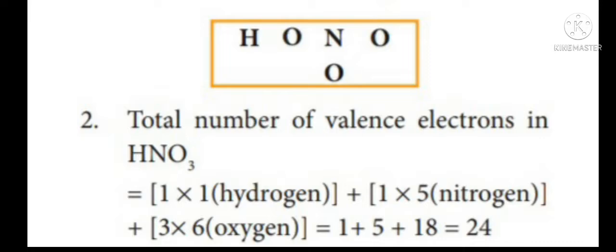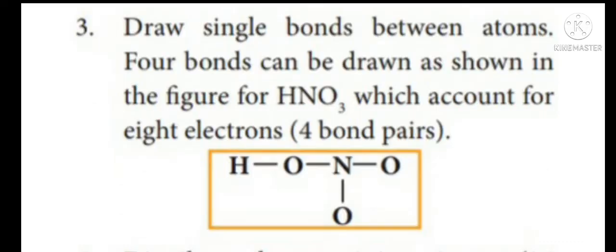Next, in 3 into 6, the 3 represents the number of oxygen and 6 represents the number of valence electrons in oxygen. Therefore, 1 into 1 plus 1 into 5 plus 3 into 6 is equal to 24. Therefore, the total number of valence electrons in nitric acid is 24.